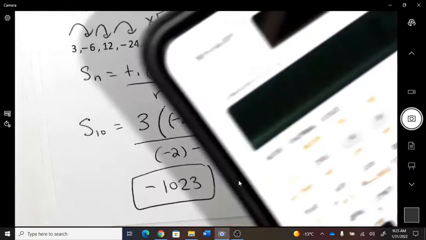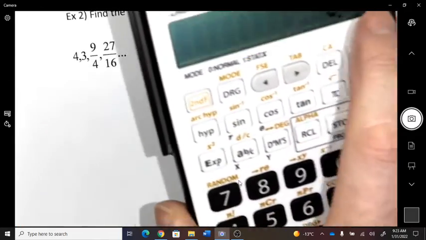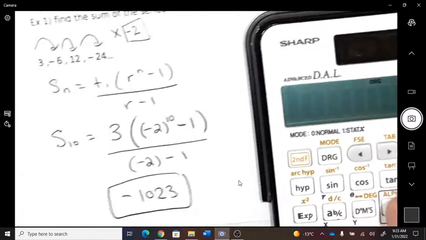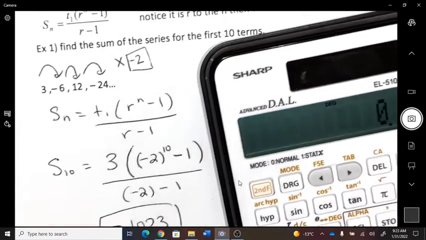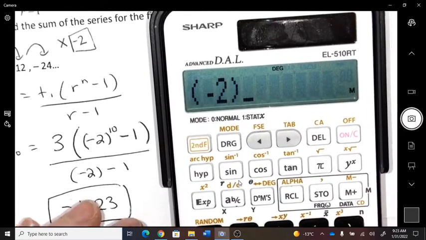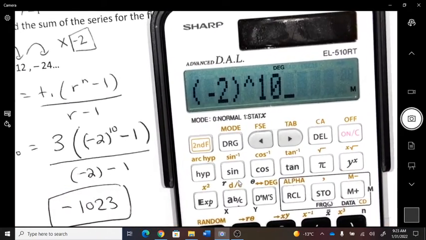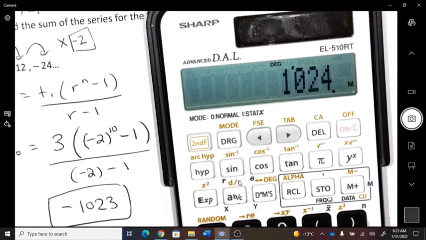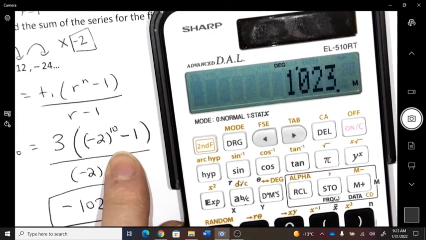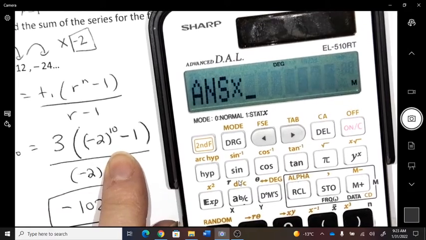Okay, you know what? If you're not good at the bracket stuff, this is what I would suggest doing. You ready? Here's what I did. I went like this, negative 2 to the 10th equals, minus 1 equals, times by 3.